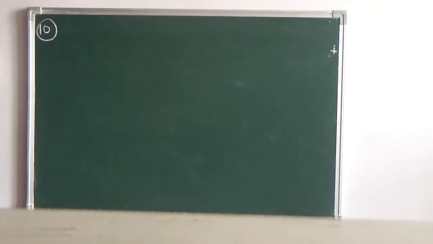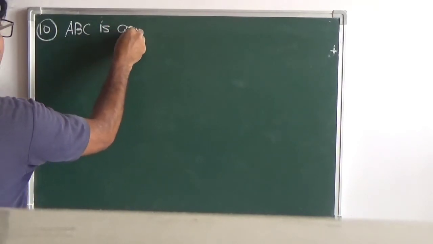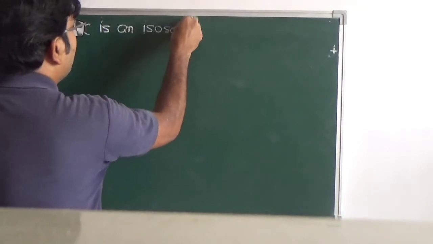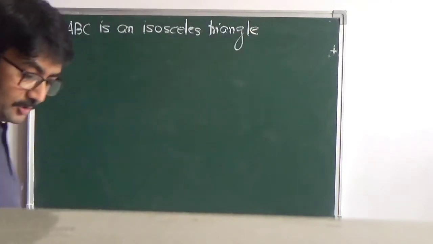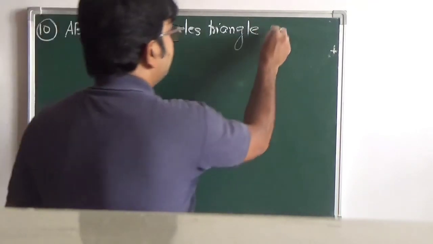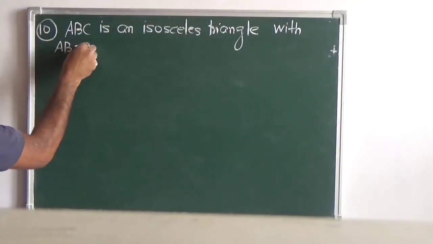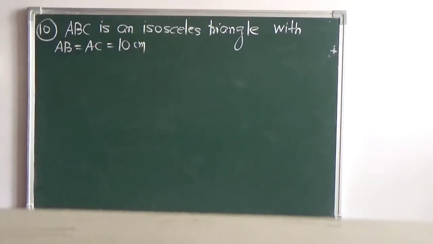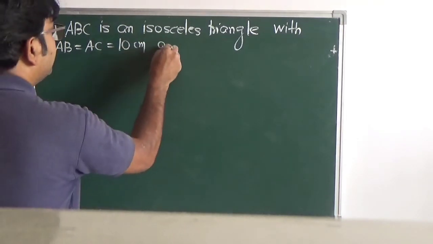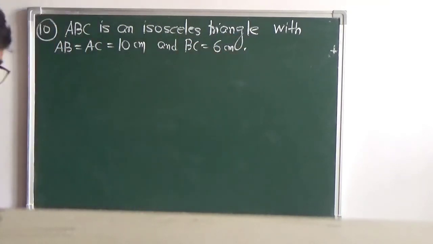ABC is an isosceles triangle with AB equals to AC equals to 10 centimeters given, and BC equals to 6 centimeters. Find the altitude on BC.